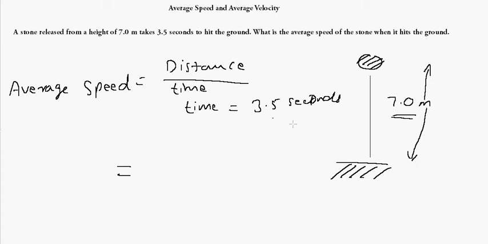Now the distance traveled in this case is 7.0 meters and the time it takes to reach the ground is 3.5 seconds, which is equal to 2 meters per second. Meters per second are the units used to describe average speed. So when the stone hits the ground, it hits with a speed of 2.2 meters per second.